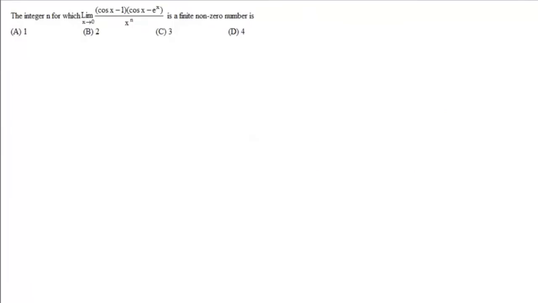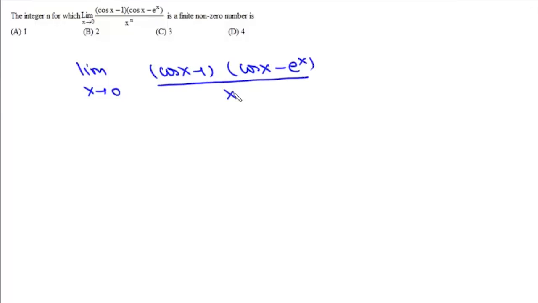Now here the question is to find the integer n for which this limit is a finite non-zero number. Now this is limit x tends to 0. That means we are looking for the lowest power of x in the numerator and the denominator. Now this is cos x minus 1 and this is cos x minus e to the power x upon x to the power n.